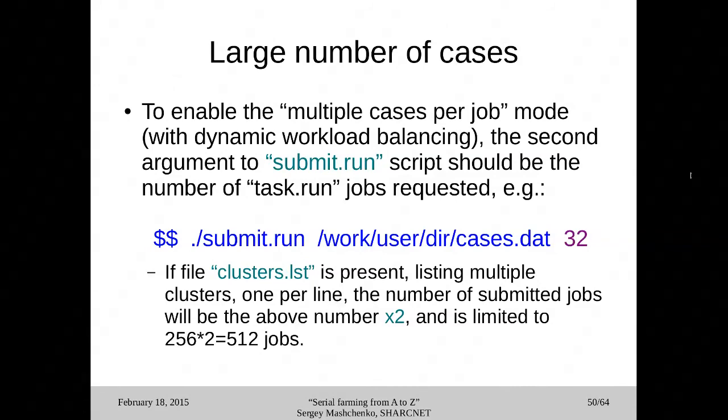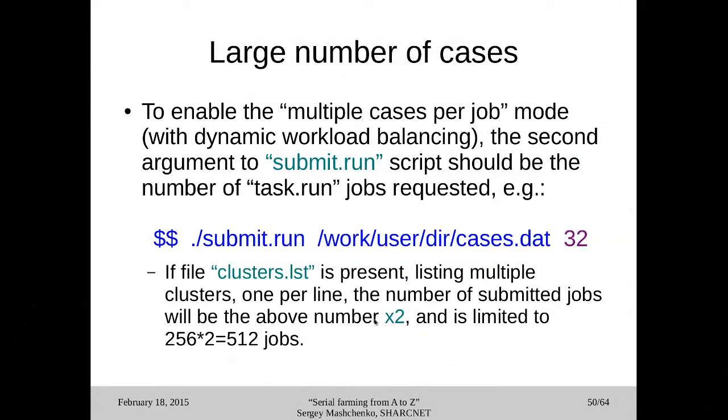It doesn't matter how many of those jobs will actually run. This is the beauty of this approach. If the clusters are very busy, only some of those jobs might be able to run, but still, all your cases will eventually be processed, as long as you manage to do that within the 7-day runtime limit of those jobs.